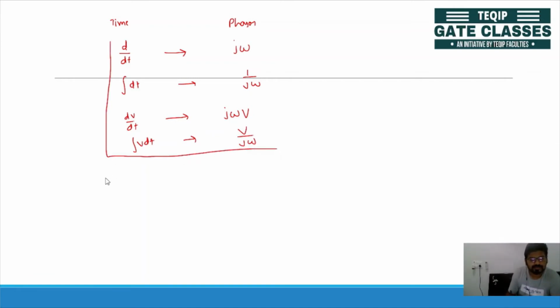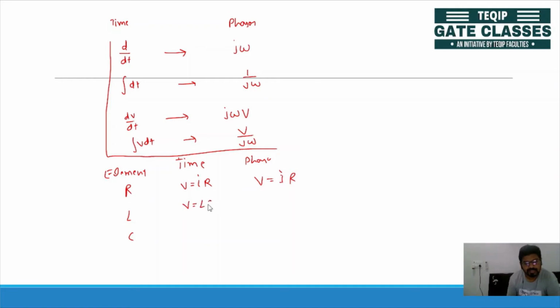Based on this, if we have elements like R, L, C, then what will be the voltage across R? V is equal to IR in time domain. And in phasor or frequency domain, you'll have V is equal to IR, because there is no differentiation or integration. And what will be the voltage across an inductor? It will be L di by dt.